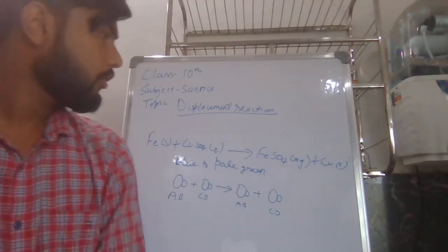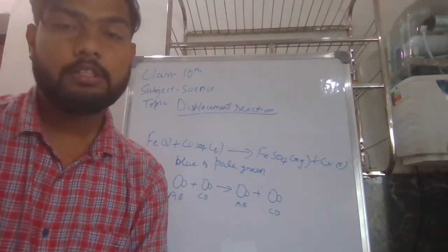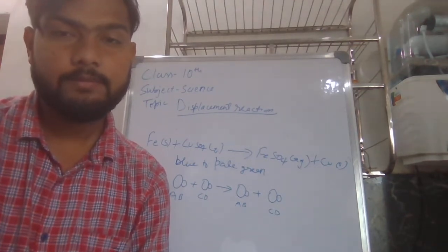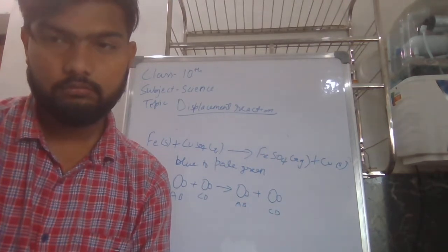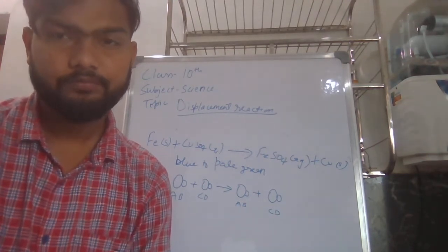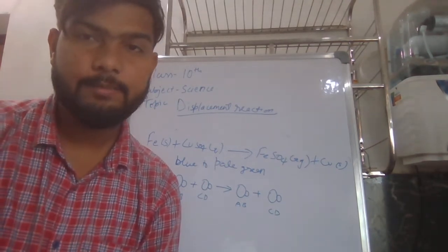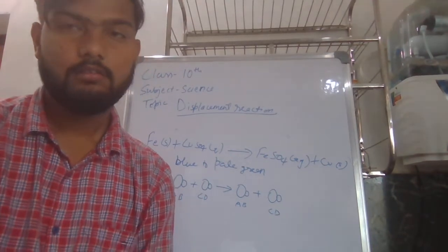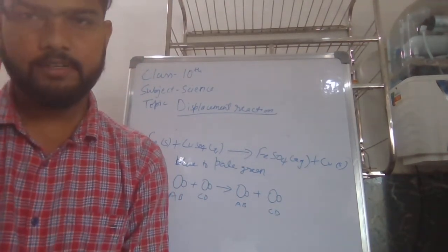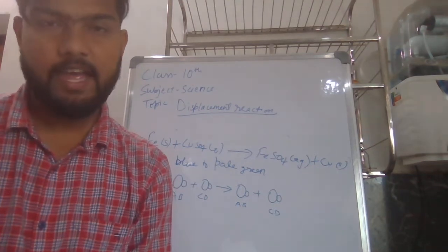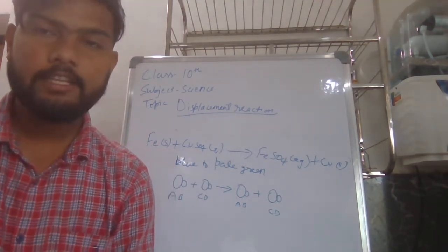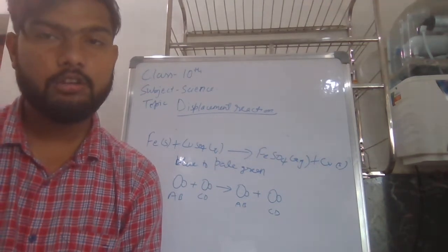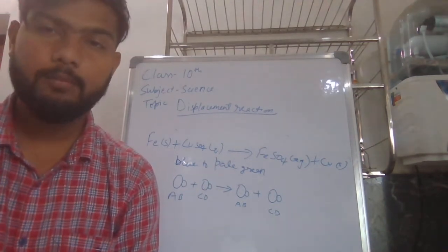Now you have to tell me the definition of double displacement reaction in your own words. So what is a double displacement reaction? Double displacement reaction is defined as the chemical reaction in which one component each of both the reacting molecules is exchanged to form the product.